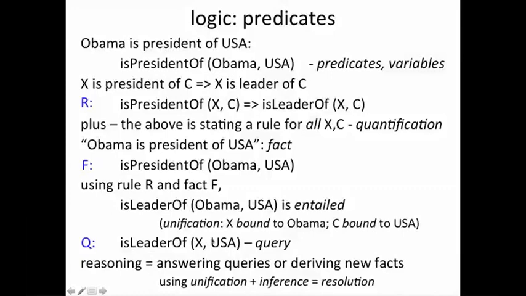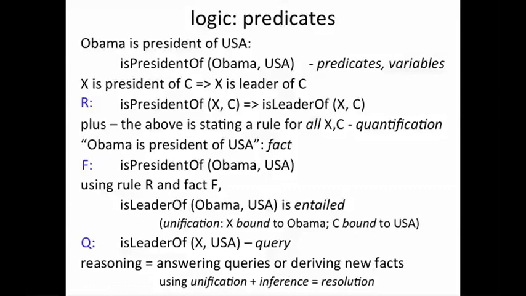And we do this by a process of unification, which is binding different possible values of the variables to X, and inference, which is essentially applying rules using the if A then B format to derive new facts. The combination of unification and inference is called resolution, and we'll return to resolution in a little while.